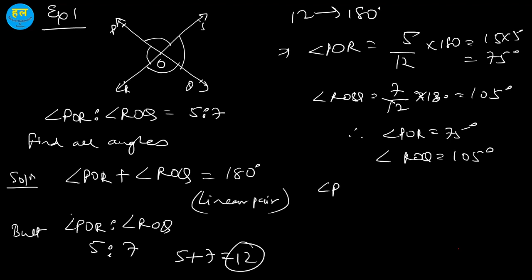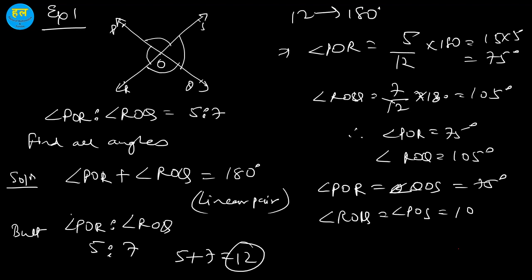For angle POR, the vertically opposite angle will be angle QOS, equal to 75 degrees, and angle ROQ will have a vertically opposite angle POS, equal to 105 degrees, because vertically opposite angles are equal. Okay, so we have found all the angles. Example number 2.